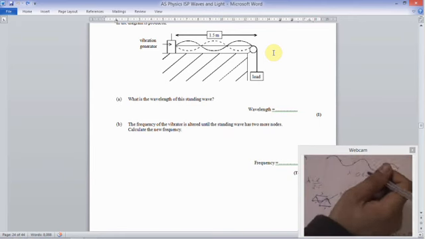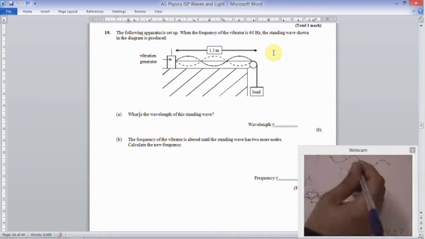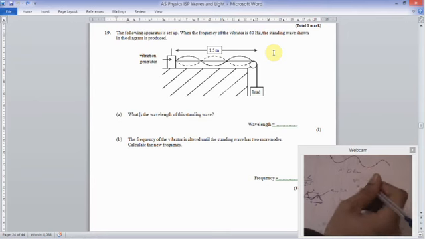Then we'll figure out the frequency. Well, we don't actually have the speed, but we can figure it out from before. So that's our wavelength. But our speed is a question mark. Well, it's going to be the same speed as before because it's the same material. So why don't we just do it with the previous calculation of 60 times by 1? Because 60 is the frequency and 1 was the previous wavelength.